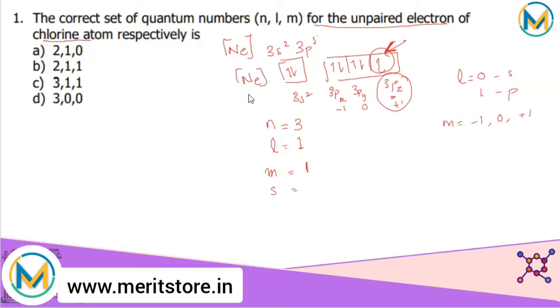Since you can see this type of electron, this has positive half spin and this has negative half spin. So s is +1/2. So this is a set of particular quantum numbers. Now the question has asked about only n, l and m. So that is 3, 1 and 1. Looking at the options, we have only one option which says this, that is option C, 3, 1, 1. So the correct answer for this question is option C.